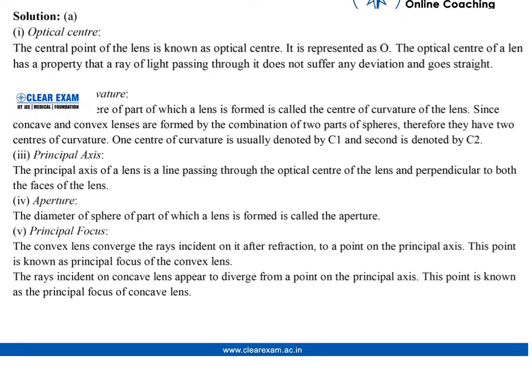Okay, so let's understand all these terms with the help of an example. Just wait a minute. Let's draw a diagram here. Okay, so this is our lens.